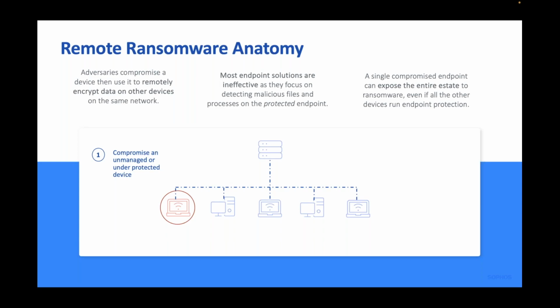You know, maybe it's a machine tool in a factory or whatever. But essentially, the first play in the anatomy of a remote ransomware attack is that the cyber criminals will find a device which is vulnerable, and they will use that as a bridgehead.